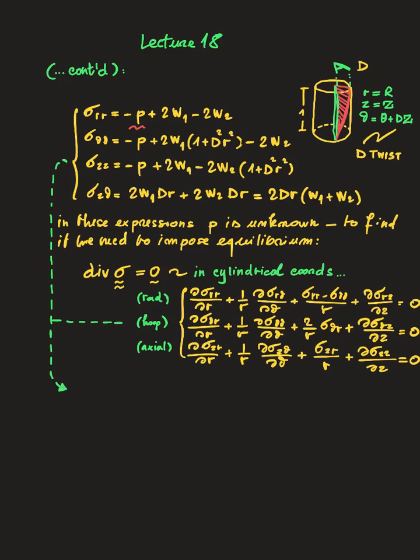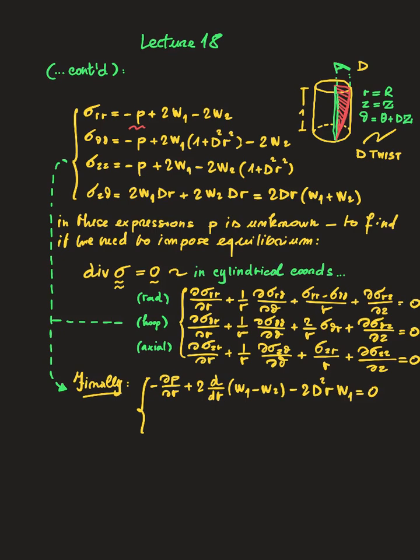So when you do this, then these three equilibrium equations finally reduce to a very mild form. When imposing equilibrium, we get minus the derivative of P relative to R, plus 2 times the derivative with respect to R of W1 minus W2, minus 2d squared R W1, equal to 0.